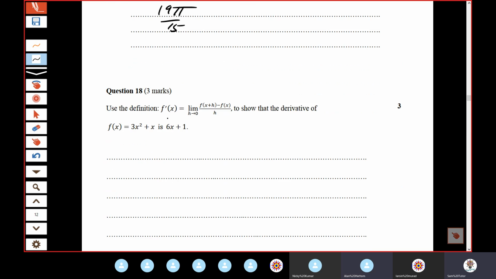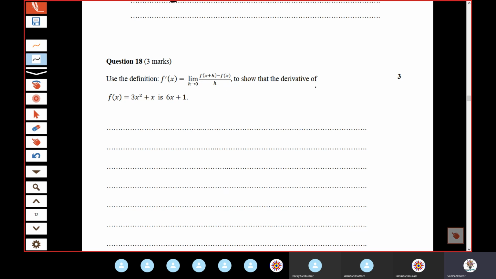Then, using the definition to show the derivative of this. Okay. So f dash of x equals the limit as h approaches 0 of f of x plus h. That means sub in x plus h. So remember, our first step is always try to find f of x plus h. Here it is.